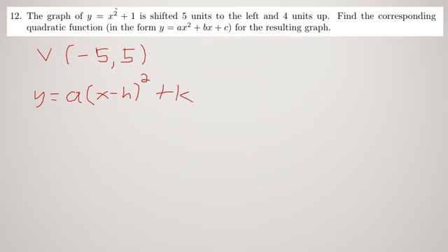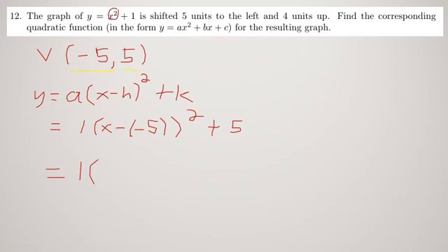Si a ay 1 pa rin. So, 1 times (x minus negative 5) na. So, negative 5 ng h niya. So, (x minus negative 5) quantity squared plus, ano ang bagong k? Ang bagong k ay 5. So, plus 5 equals 1. So, pwede nang, sige, copy pa rin 1.